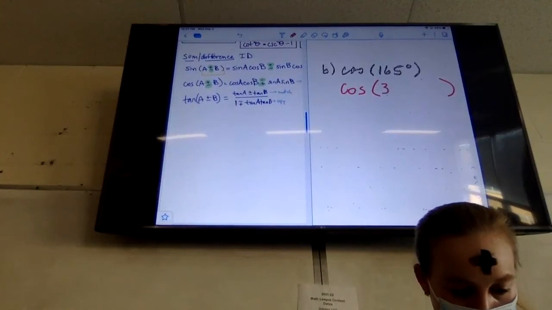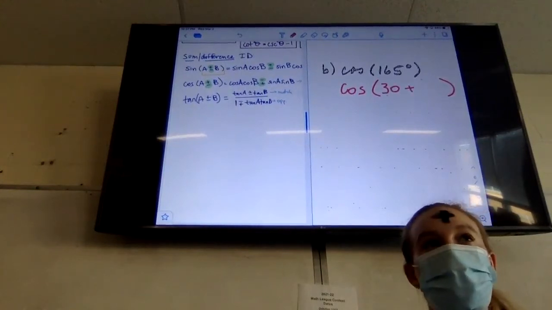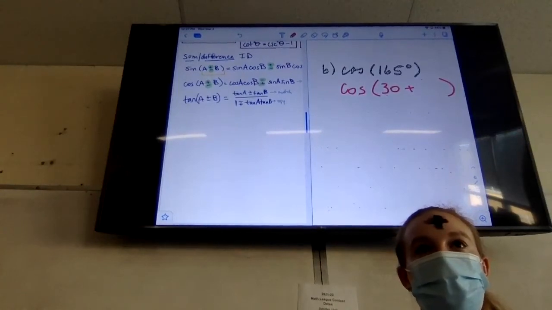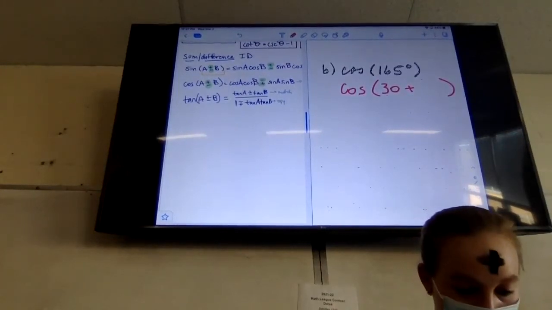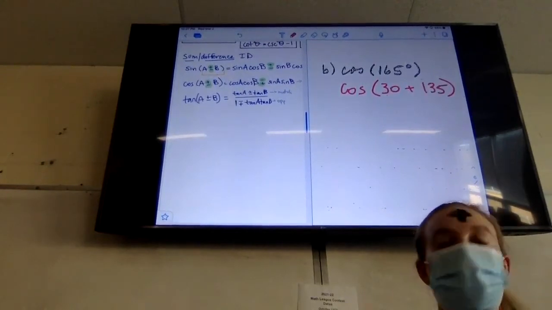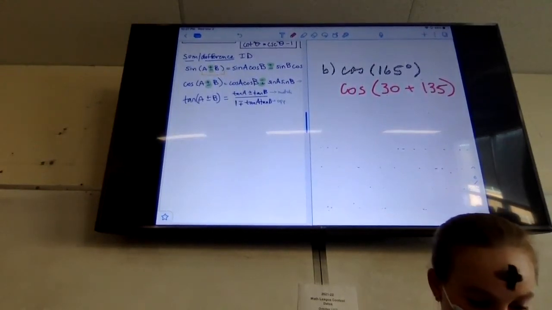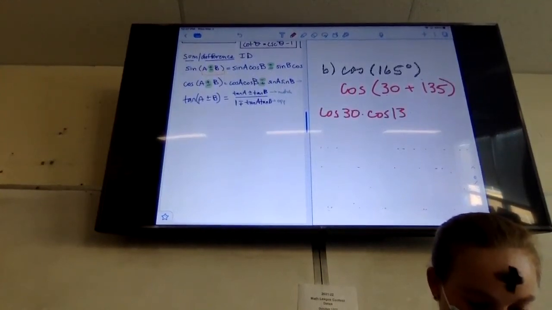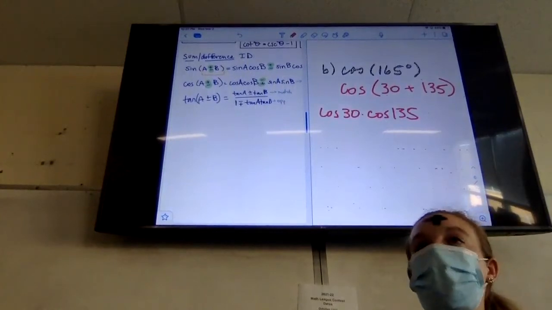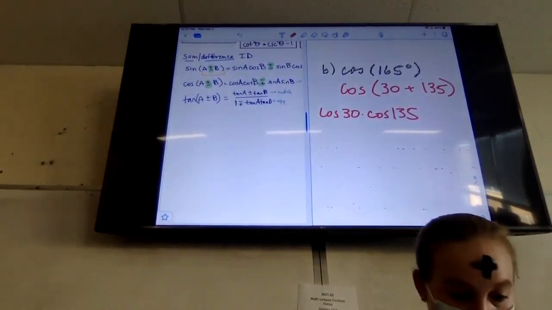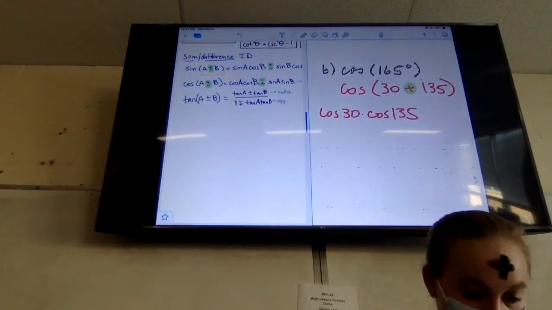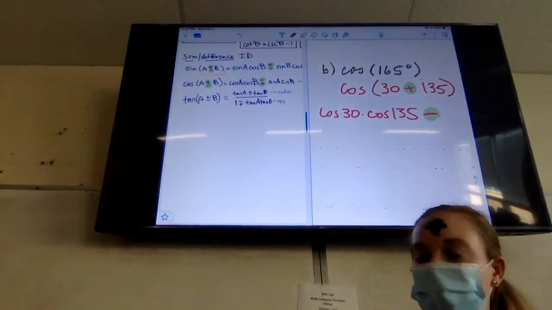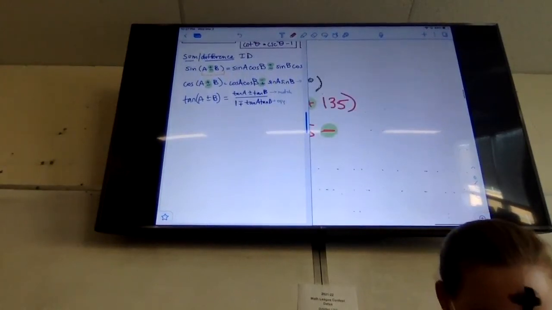How about 30 and 30 plus what gives me 165? 135. And that's on our unit circle, right? So we're going to break that apart to be cosine of 30 times cosine of 135. Remember that in the cosine, it goes minus plus. So if I had a plus here, I need to do opposite signs, which means I'm going to have a minus there. And we'll do sine of 30 times sine of 135.